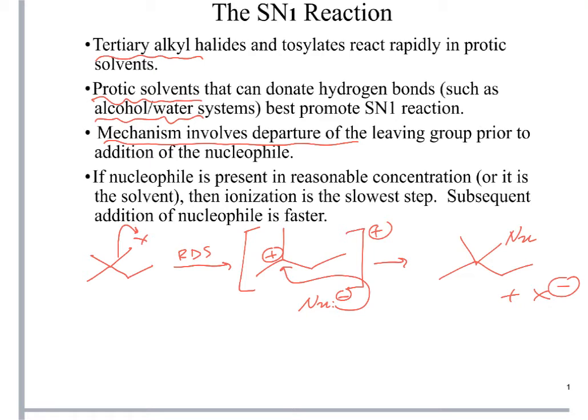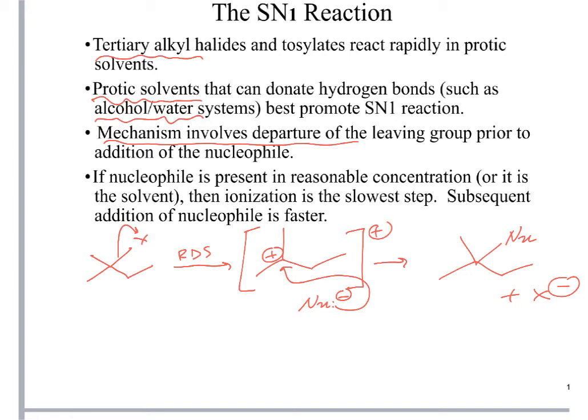So since the nucleophile does not partake in the rate determining step, the nature of the nucleophile does not affect the rate of the reaction. And as long as the nucleophile is present in appreciable concentration or amount, or it's even a co-solvent such as water, then the reaction rate will not be affected.